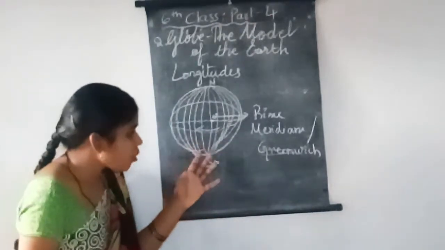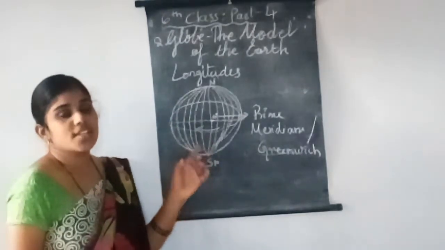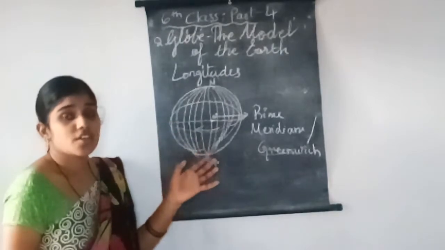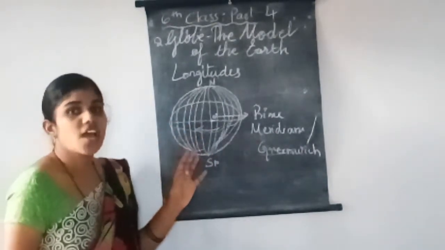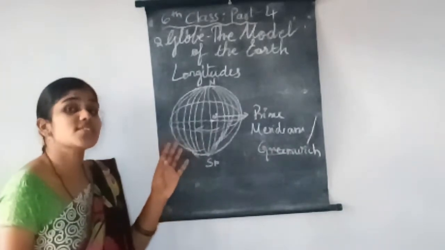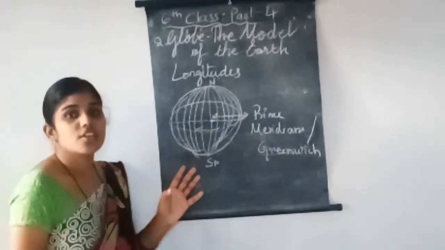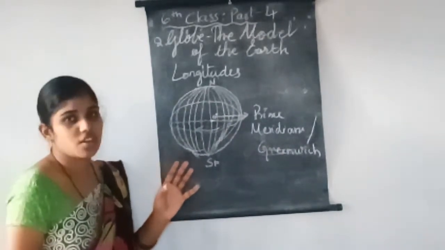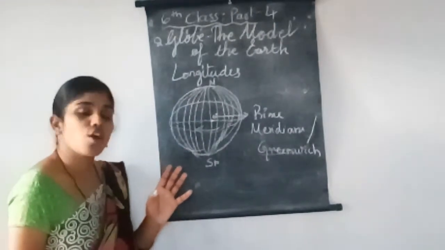Every longitude is also called a meridian. The longitudes are passing from north to south. That means the definition of longitude is imaginary lines which are passing from north to south. These longitudes are all equal. 0 degree longitude is called the Greenwich line or prime meridian.